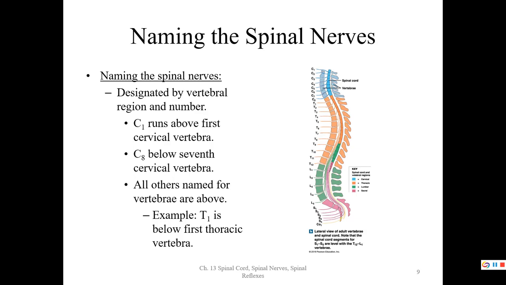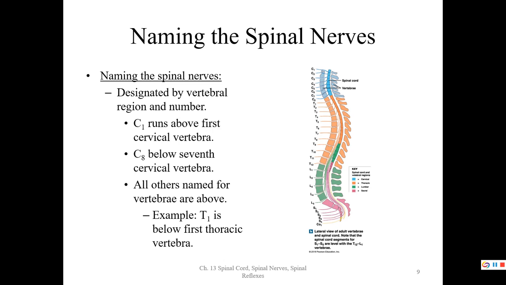Now, spinal nerves are named and numbered, and we use the vertebrae they're associated with to do so. There's a really kind of annoying thing we do here. In the cervical spine, because there is the skull, C1 is under the skull but above the C1 vertebra. So the spinal nerves are named and numbered in the cervical region by the vertebrae they're above.